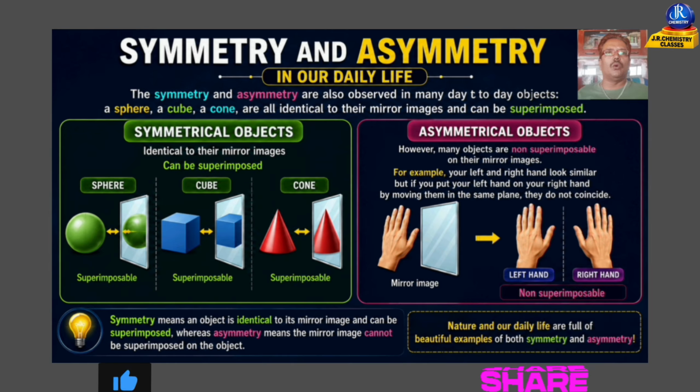A sphere, a cone, a cube are all identical to their mirror images and can be superimposed. However, many objects are non-superimposable on their mirror images. For example, your left and right hand look similar, but if you put your left hand on your right hand by moving them in the same plane, they do not coincide.